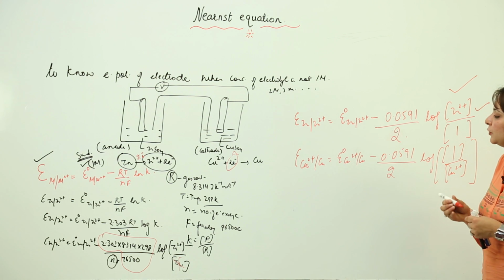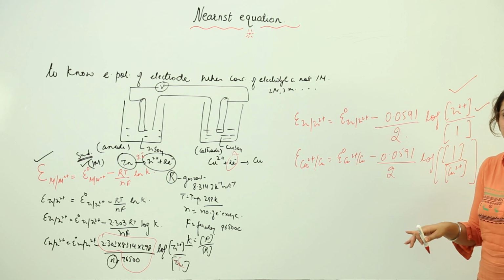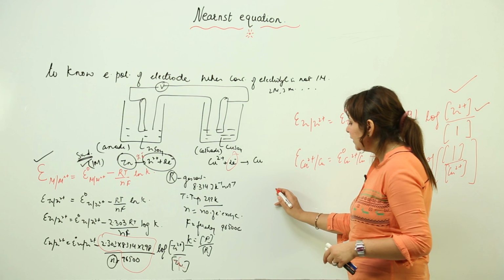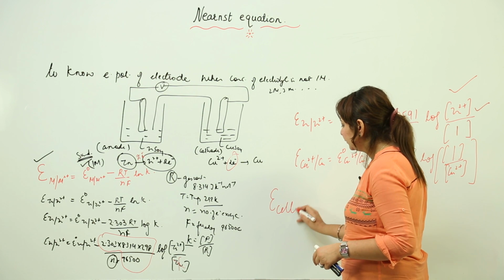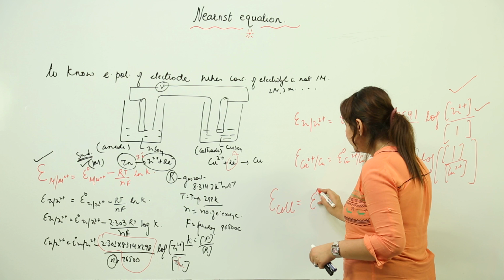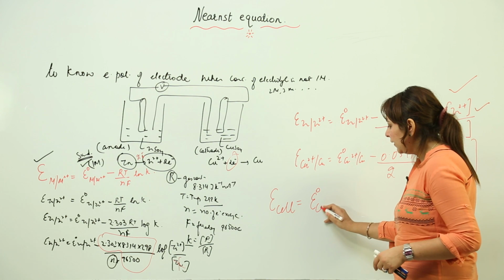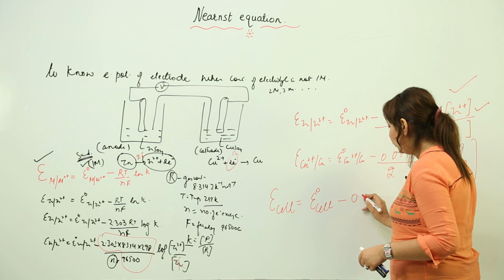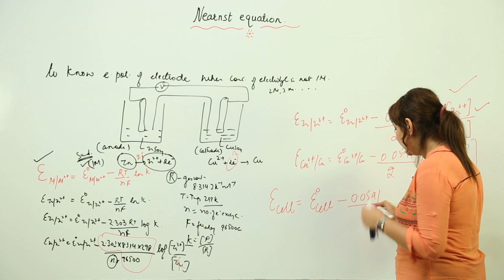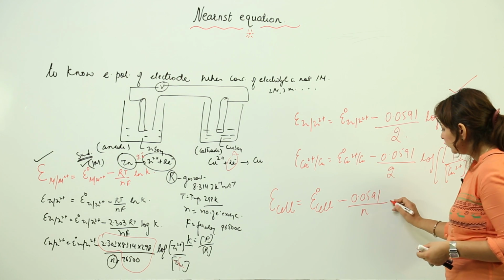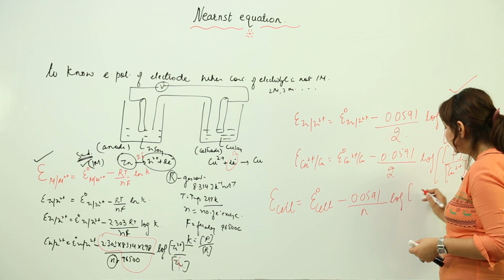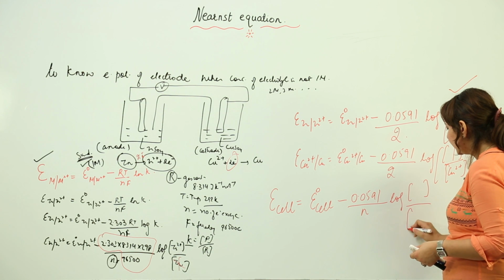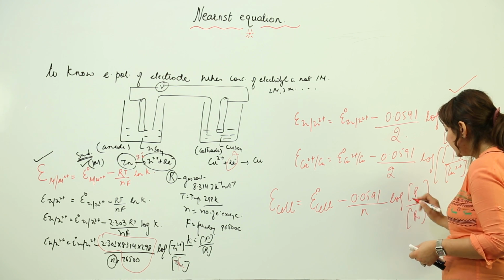So now I am in a position to write the complete EMF of the cell. So the complete EMF of the cell is E naught of the cell minus 0.0591 over n log of product divided by reactant, right.